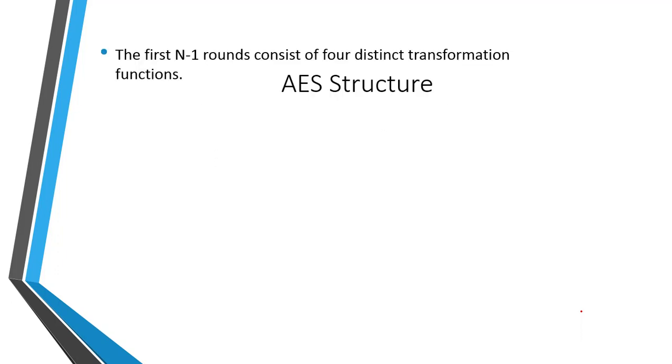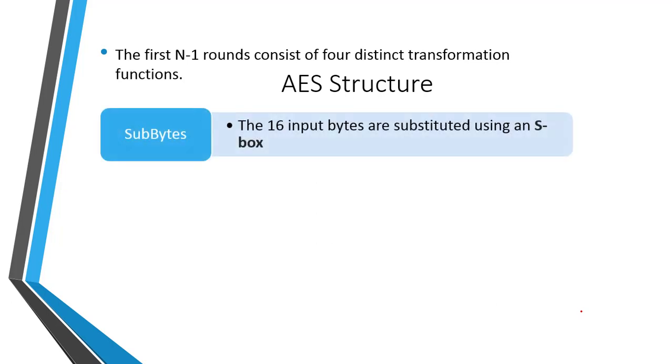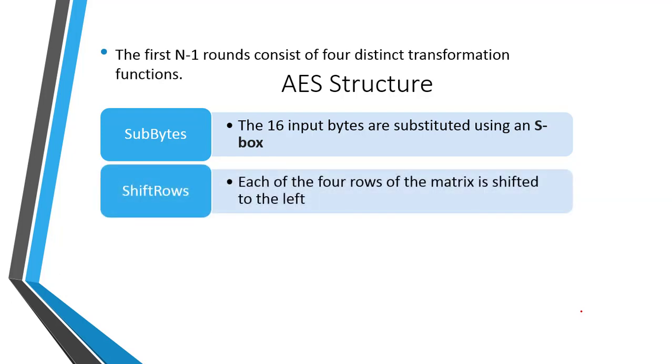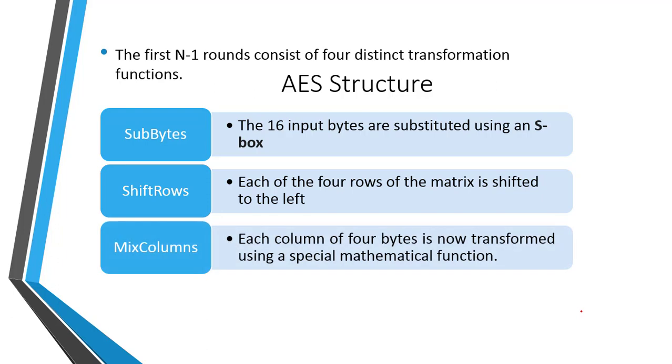Next, we will see that the first n-1 rounds consist of 4 distinct transformation functions. The first is substitution byte, in which the 16 input bytes are substituted using the S box of the AES. Next is shift row. Each of the 4 rows of the matrix is shifted to the left. Next is mix column.